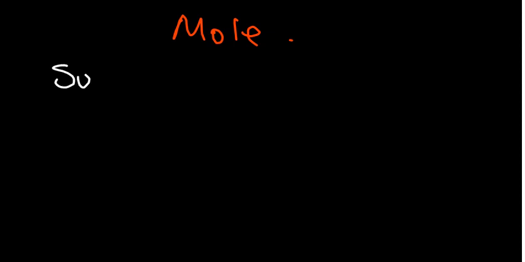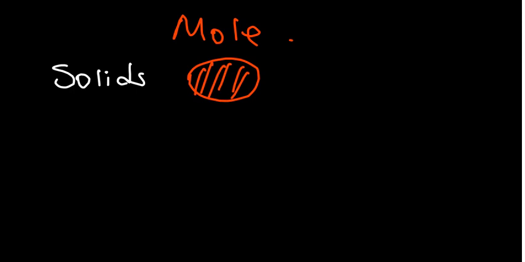So when you're talking about solids, for example, we understand that if I give you a solid, there are two things that you're able to do. You're able to measure the volume of this solid, right? You're also able to measure what? More important, you're able to measure its mass. Now, the molar mass is going to be dependent on what?